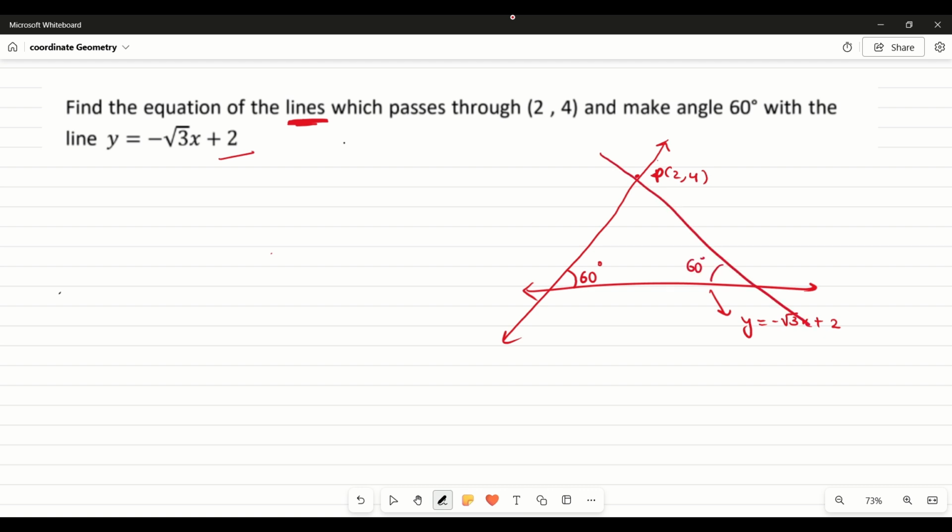There's another line also that can make 60 degrees and is also passing through the point (2, 4). Okay, this is the possible figure.